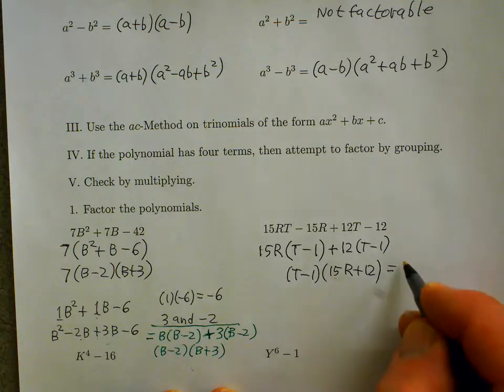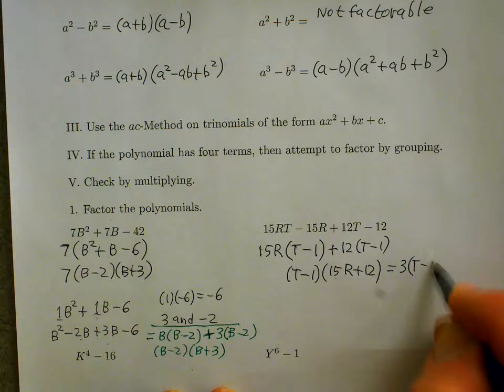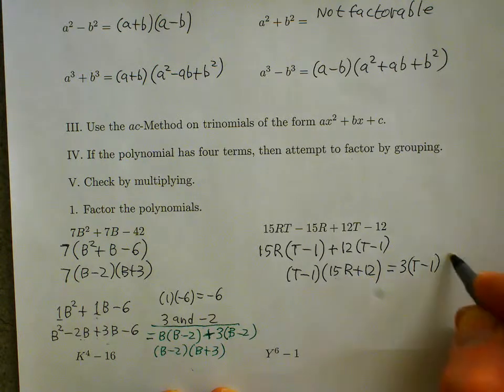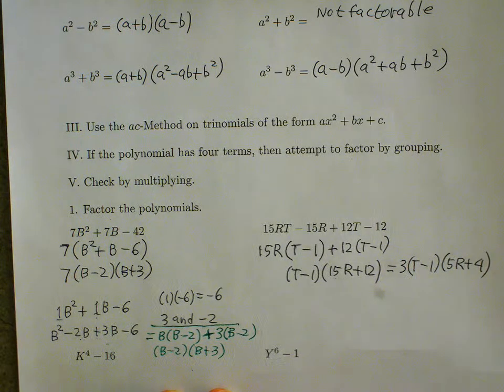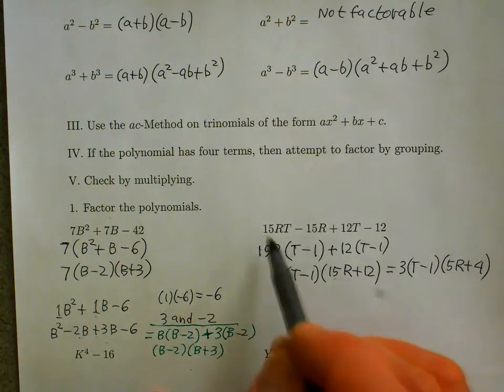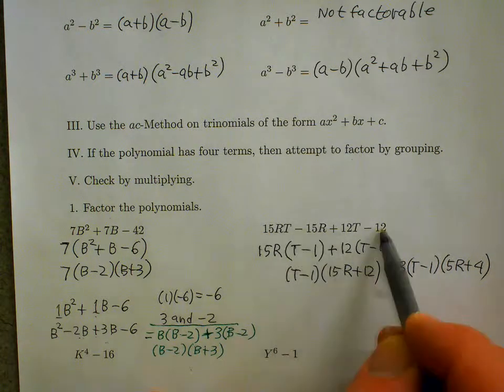So I'll write the greatest common factor 3 out on the left, and then t minus 1, and then 5r plus 4 for the other factor. But it might have been less confusing if we had done that right from the start.